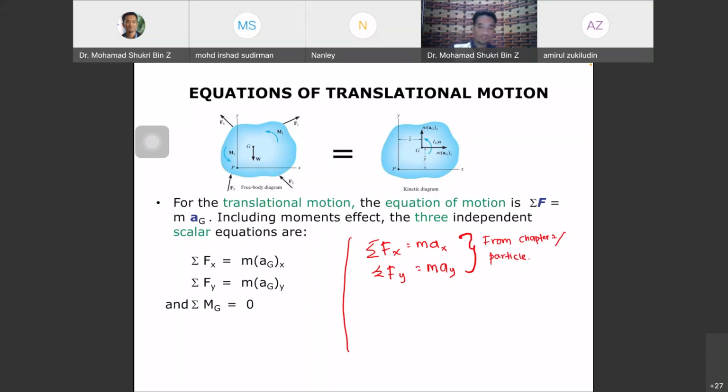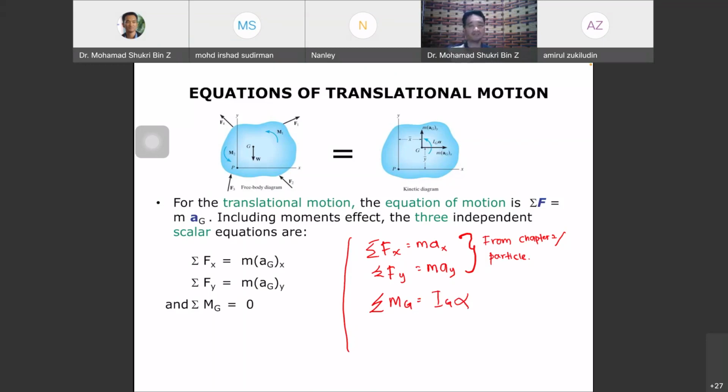So untuk rigid body, disebabkan rigid body ni we have some sort of rotation, we need to add summation of moment G is equals to IG alpha. IG yang kita kira tadi lah, yang pendulum sphere tu.